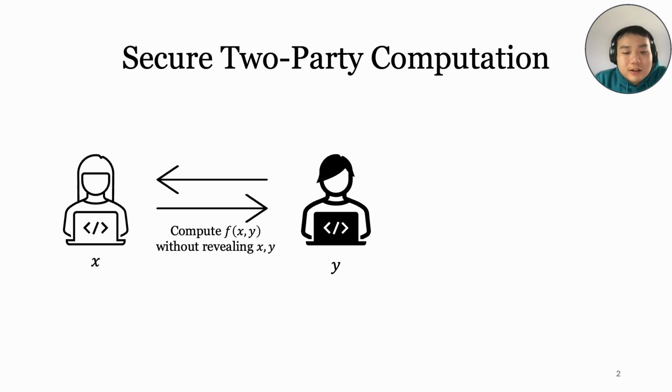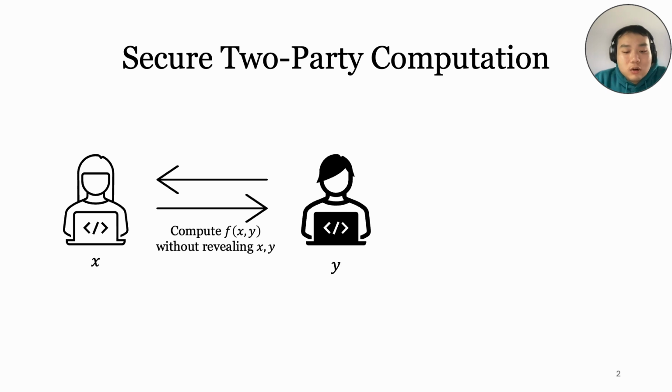Secure two-party computation is a fundamental case of secure multi-party computation, and it is a prevalent research area in applied cryptography. There are two parties, for example, Alice and Bob. One holds secret input X and the other holds secret input Y. They want to jointly compute a certain public function f and obtain f(x, y) without revealing any more information about their private inputs.